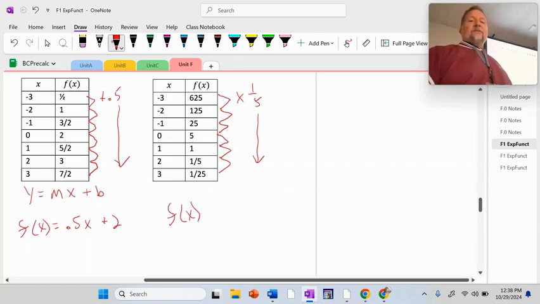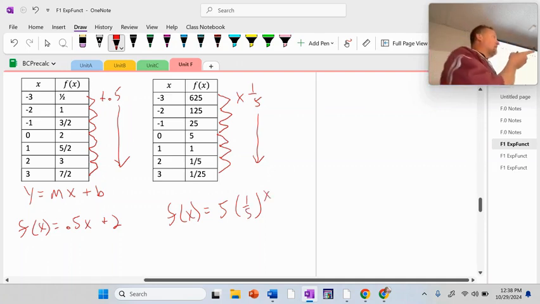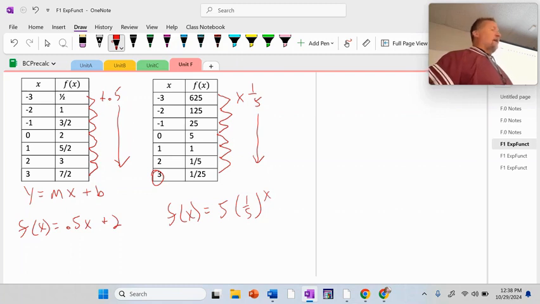All right, so what's my initial value? f of x equals. What's my initial value? 5, Mr. Samuelus. And then what's the r value? 1/5, Mr. Samuelus. Raised to the x. Input, say it. So if I plug in 3, oh no, that was a tough one. 1/5 to the third power is 1 over 125.